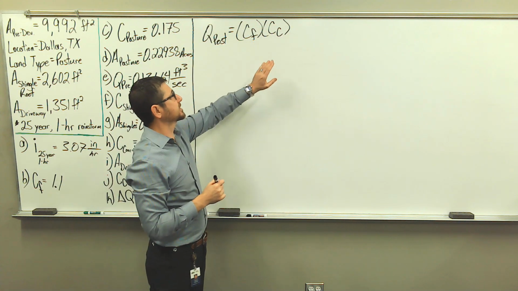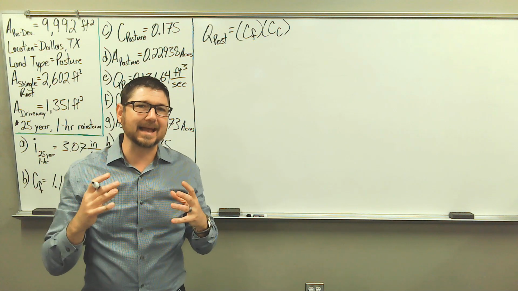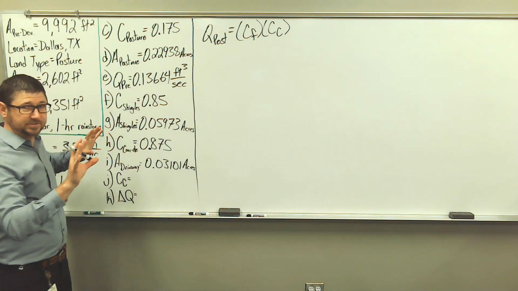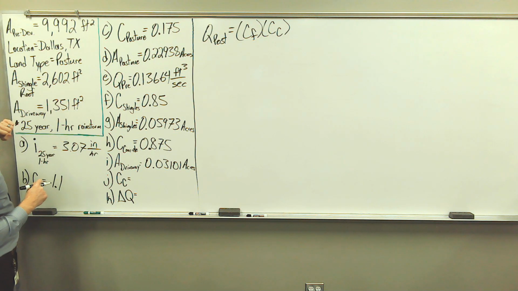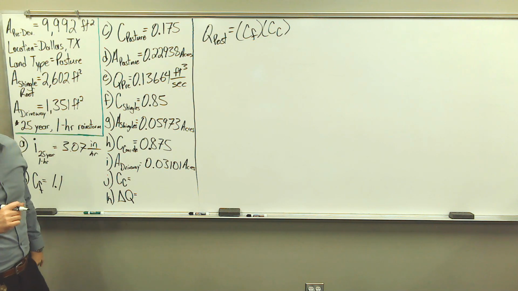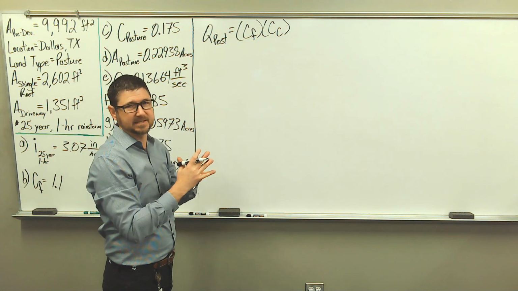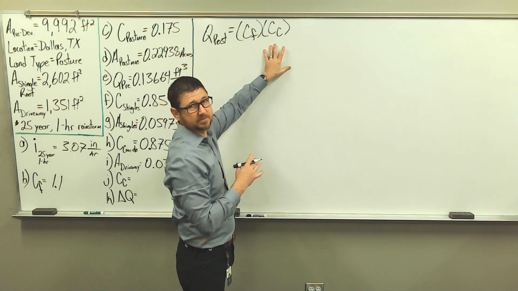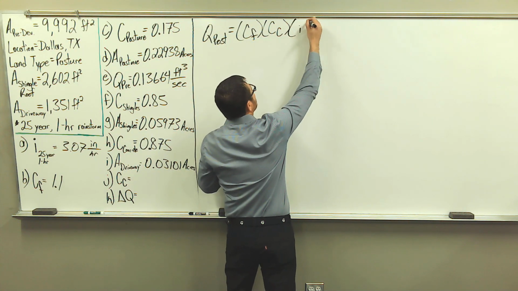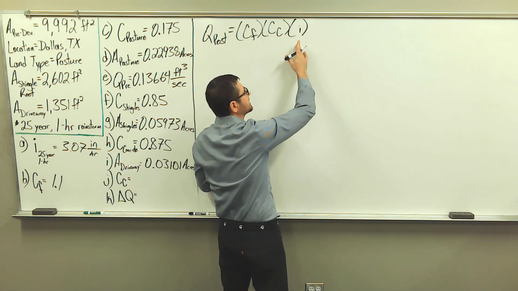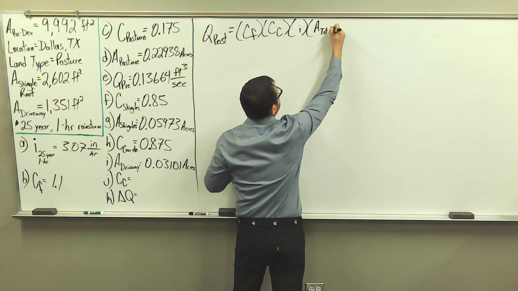So using the composite coefficient, we are going to combine all three areas. Post-development, we have area of our pasture, area of the driveway, and area of our shingle roof. We're going to combine those three together using an equation for C sub C, and I'm going to come back to that in just a moment.